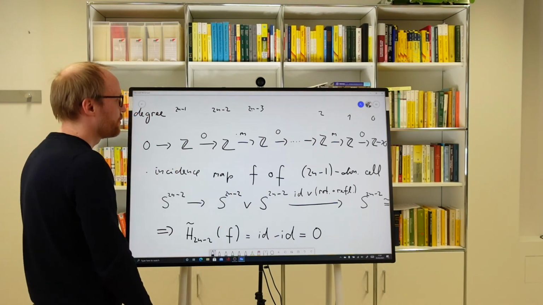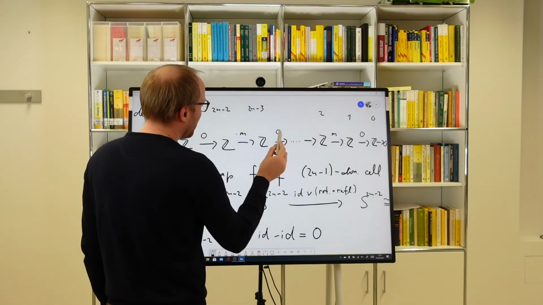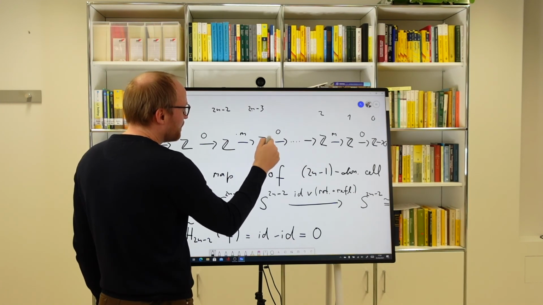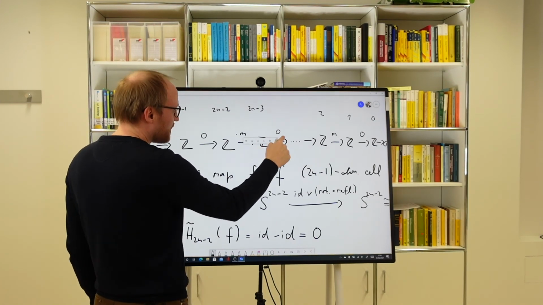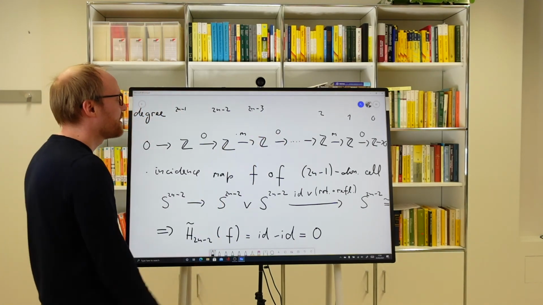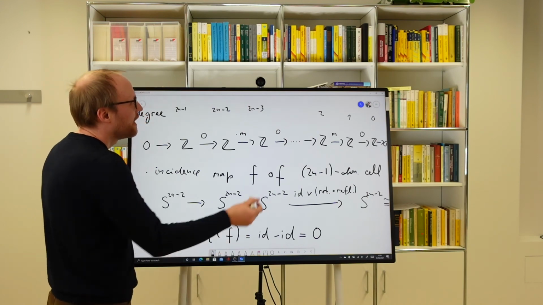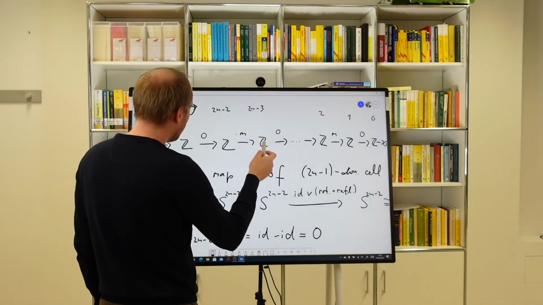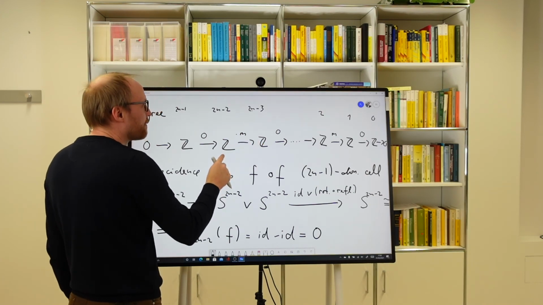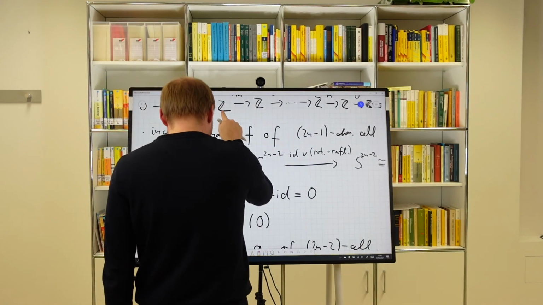And then there are just two more cases. When k is odd, for example at this Z here, the kernel is everything, and we mod out the image of the multiplication by m, so this gives Z mod mZ. And if k is even, in the in-between case, then multiplication by m is an injective map, and therefore the kernel is already 0, and so is the homology.